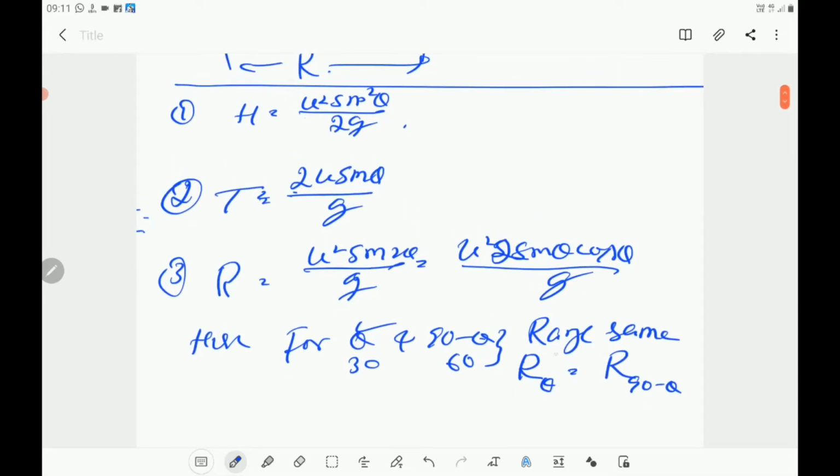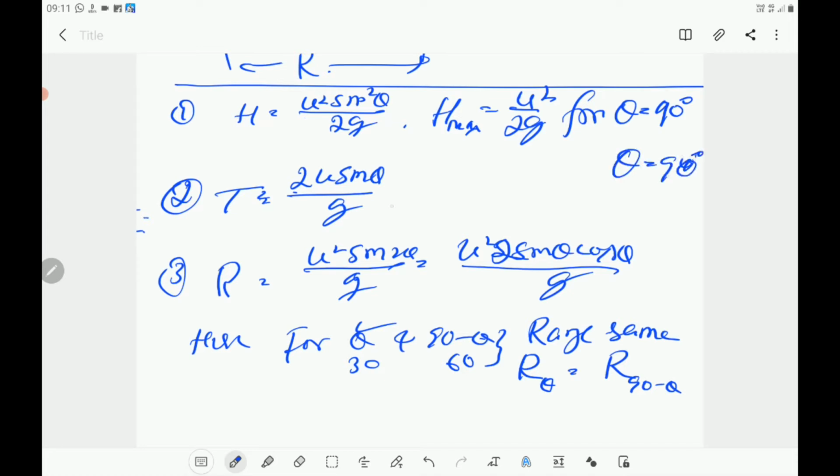For theta equal to 90, height is maximum, h maximum equals u square by 2g. For theta equal to 90, time of flight is also maximum, and that value is 2u by g.